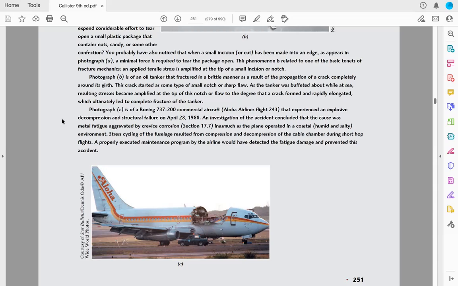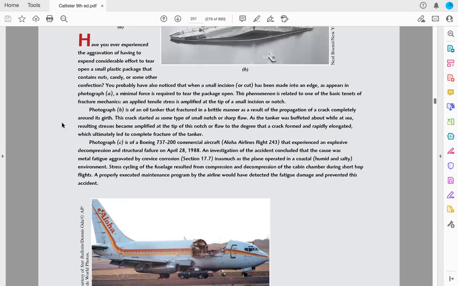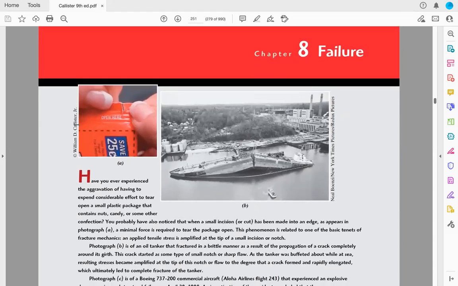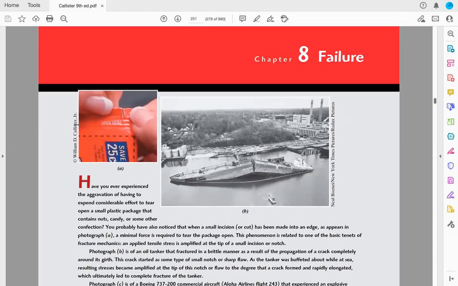So in failure, as you also learned in the video, there are three types of failure, three types of kegagalan. The first one is fracture, patah, the second one is fatigue, patah lelah, and the last one is creep or mulur, memanjang.